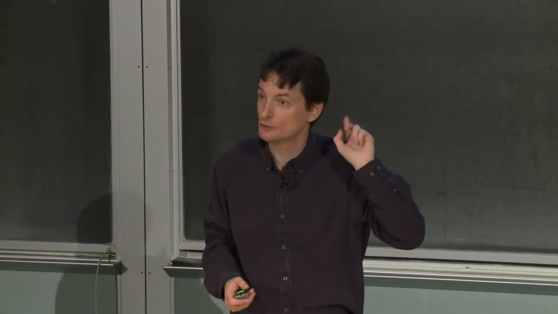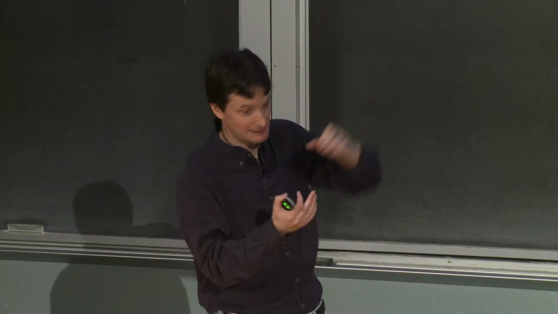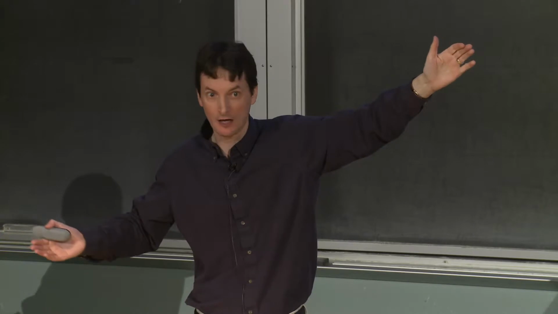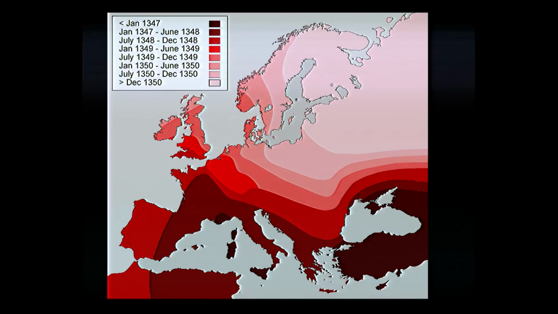Well, right there you can see that this is not exponential growth. I'm not going to claim that there's exactly equal numbers of people between each of these contours or something like that. But it's clearly not growing exponentially. It's clearly not going up by a factor of 100 or something every 6 months. It's clearly just marching across the landscape, infecting roughly even numbers of people every 6 months. It's not growing exponentially.